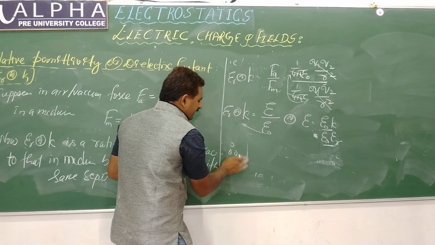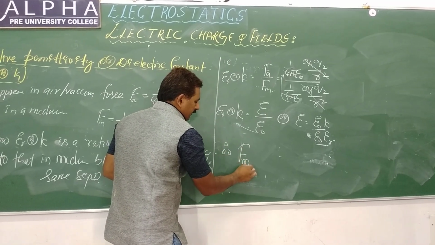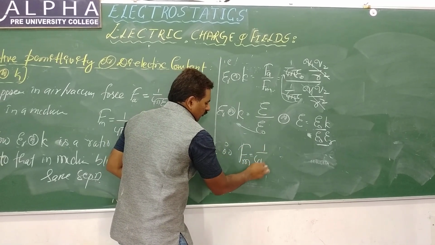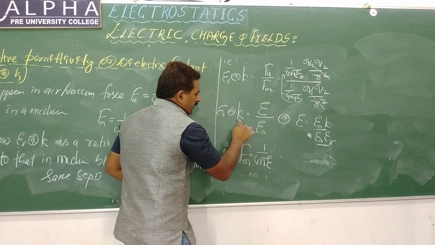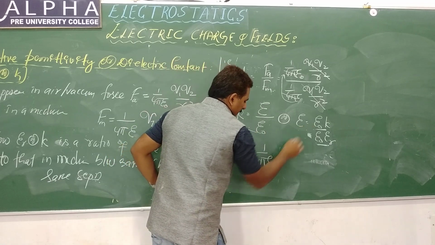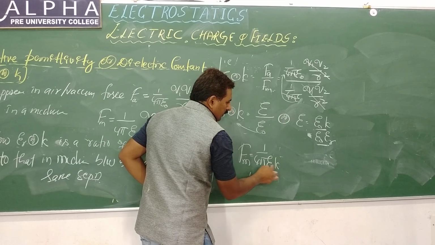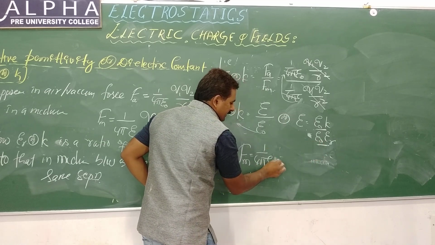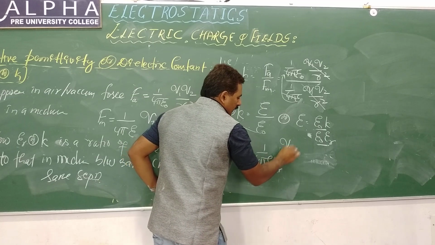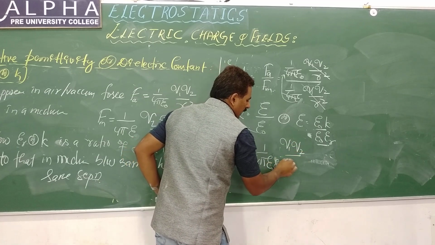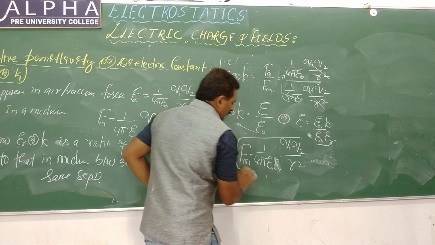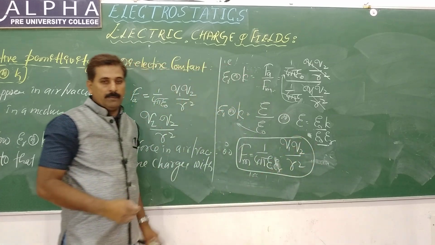Therefore, the force in medium now becomes 1 over 4 pi epsilon. Instead of epsilon, what do you write? Epsilon naught into k, or epsilon naught into epsilon r, Q1, Q2 divided by r squared. This is how we modify a little bit.